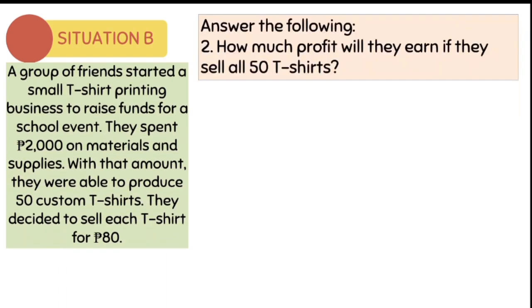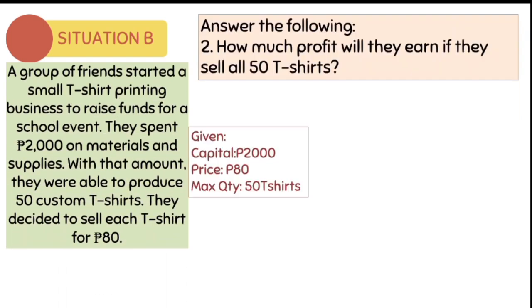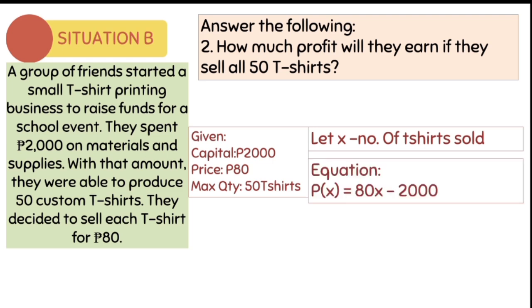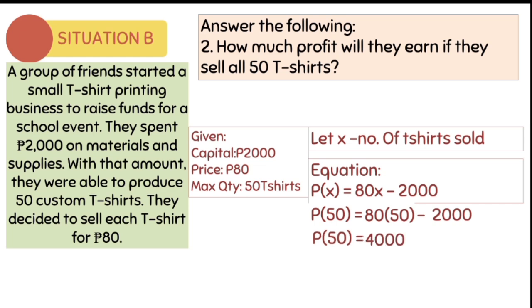So let's answer the question number 2. How much profit will they earn if they sell all 50 t-shirts? So since our x is 50, we will be utilizing the same equation. So we replace x with 50. So this time, our revenue or income is 80 times 50, and we deduct our expenses. So 80 times 50 is 4,000 pesos.